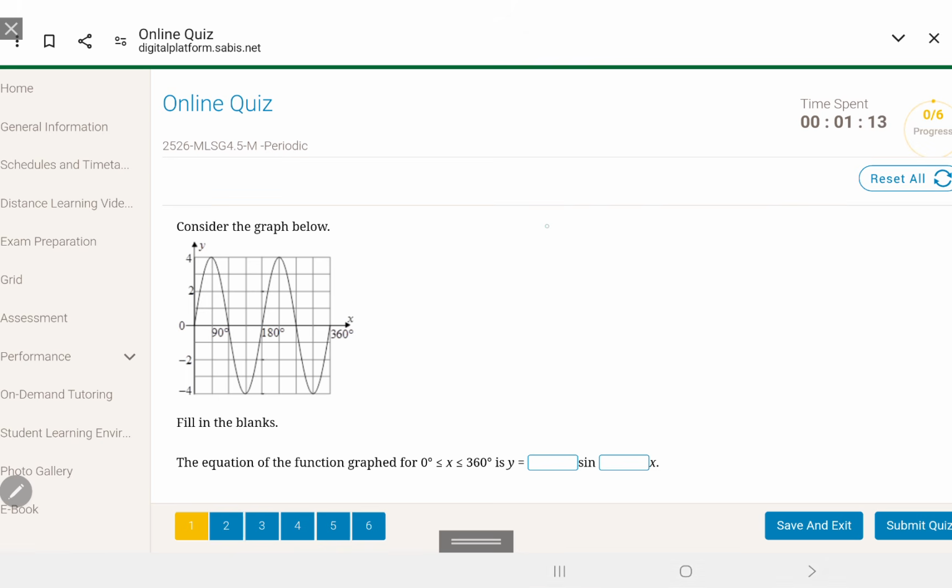First of all, you have to look at the parent function of the sine. It's like this, and this distance here is called the amplitude. So this is the amplitude, and this distance from here to here is the period.